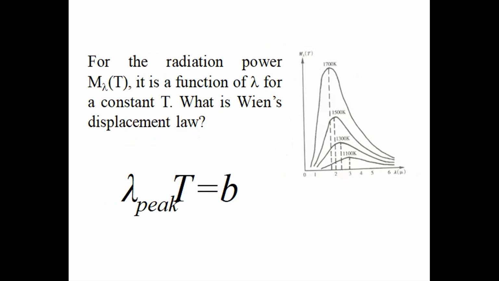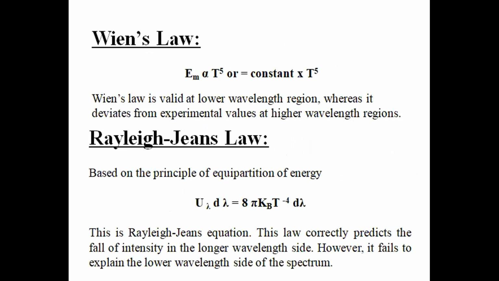Another one is Wien's displacement law. Energy emission is maximum at one particular wavelength for any particular temperature. We call that wavelength lambda peak for that temperature, and lambda peak into temperature equals a constant. This explanation is given by Wien, and we call it Wien's displacement law.